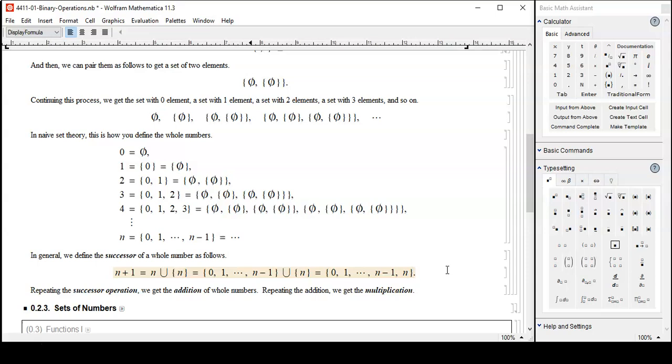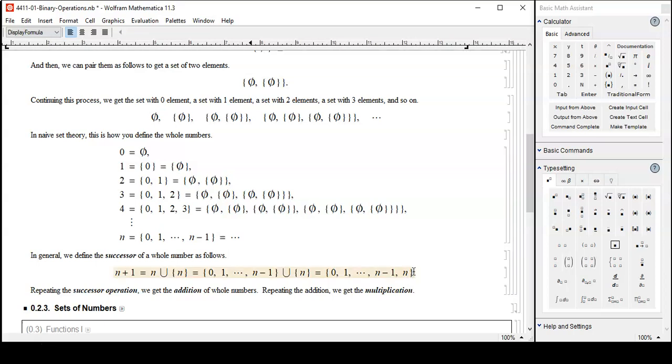Well, from this successor operation, we ended up building pretty much everything, all kinds of algebraic manipulation, all kinds of algebraic computations: addition, subtraction, multiplication, division, and radicals all come from the successor operation.